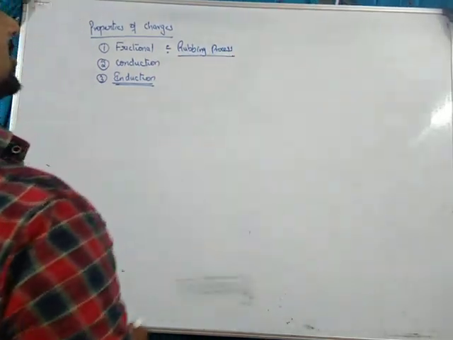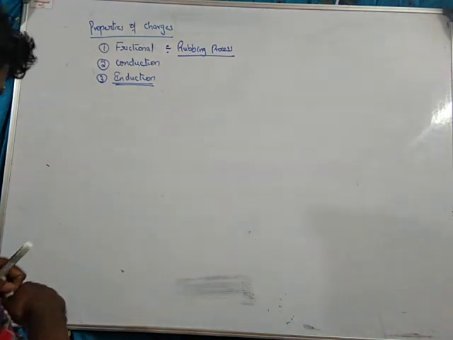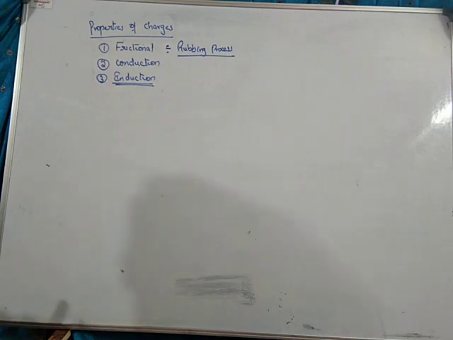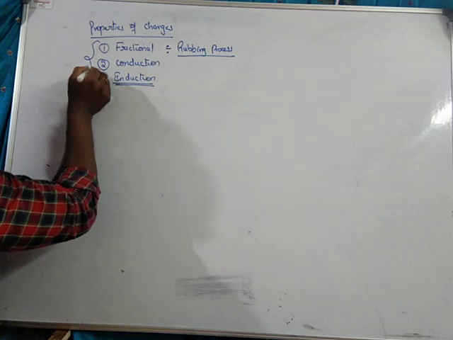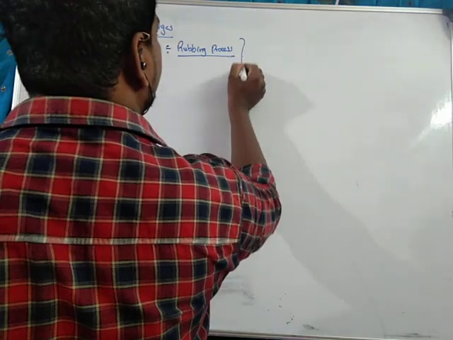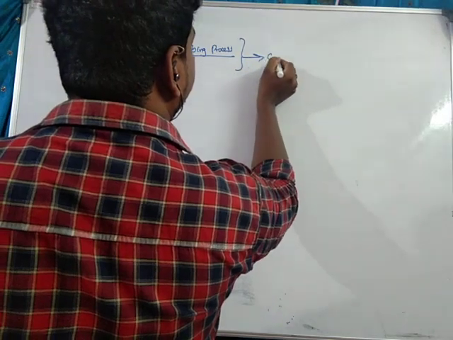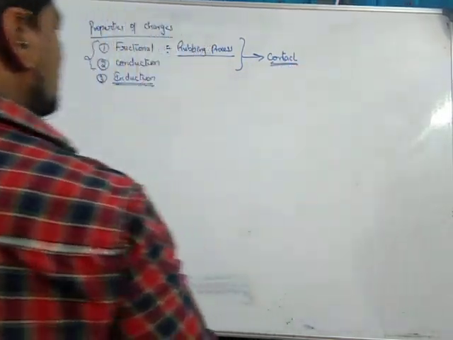So already I explained this concept, that's why I'm not touching here. Now we will consider the conduction. And we have one more note. Whenever we consider the frictional force or a conduction, these will be based on contact.